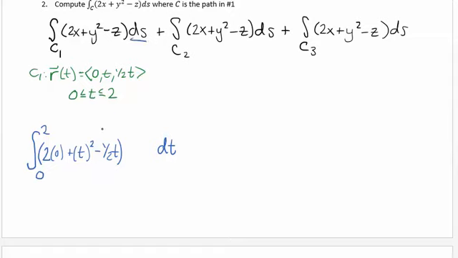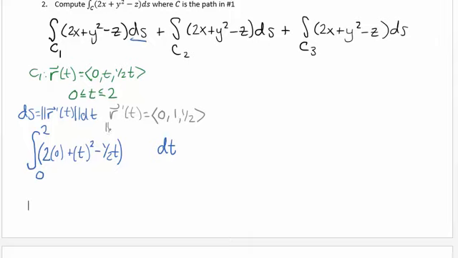Next is the ds piece. Remember that ds is going to be the magnitude of r prime and then times dt. So we'll have to work out the magnitude of r prime here. R prime is 0, 1, 1/2. This particular one has derivatives that are all constants, and again, that doesn't always happen, but it can happen.